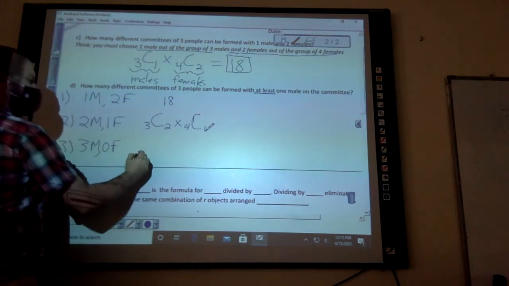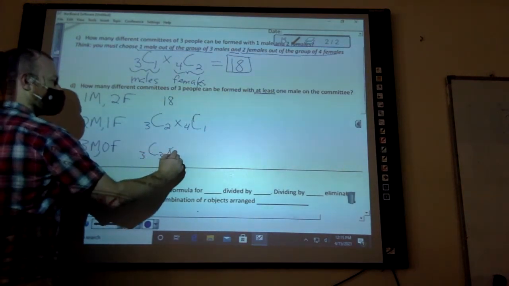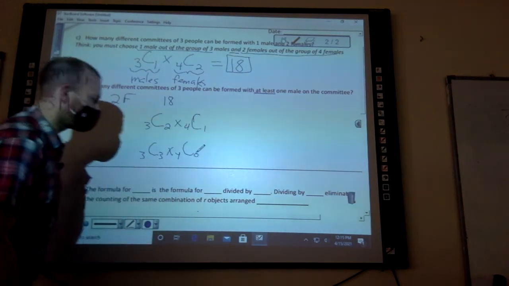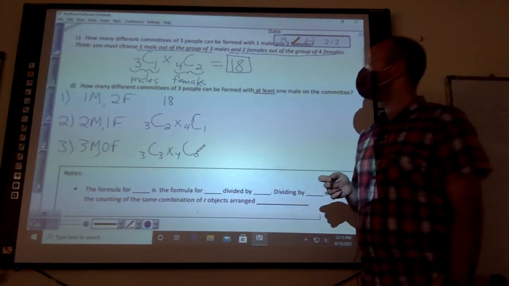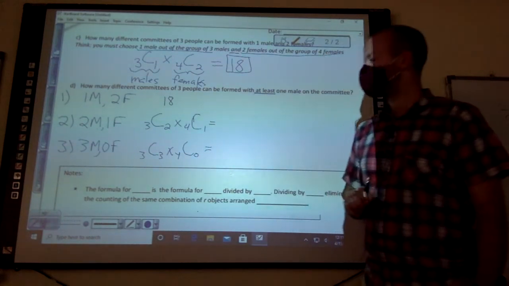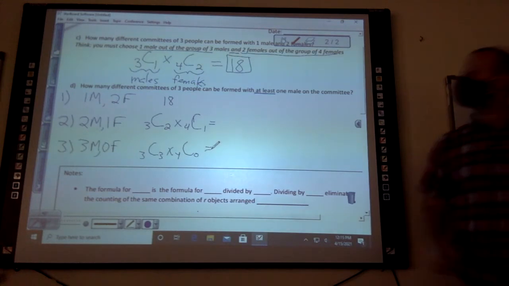And then same thing for the last one: 3 males, I want all 3, times 4 females, and I want 0. So it's 12.